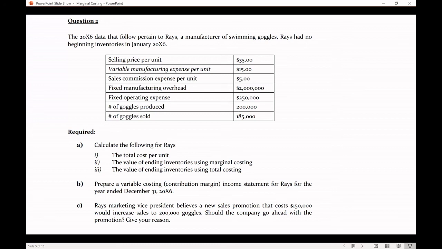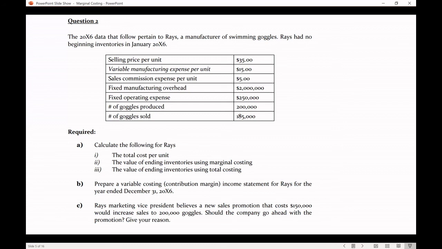And what do we also know? We know how many goggles we produced: 200,000 goggles. So to find the fixed portion, all we have to do is divide 2 million by 200,000. We could have gotten the same information for variable manufacturing expense. What if they had given us the total cost?